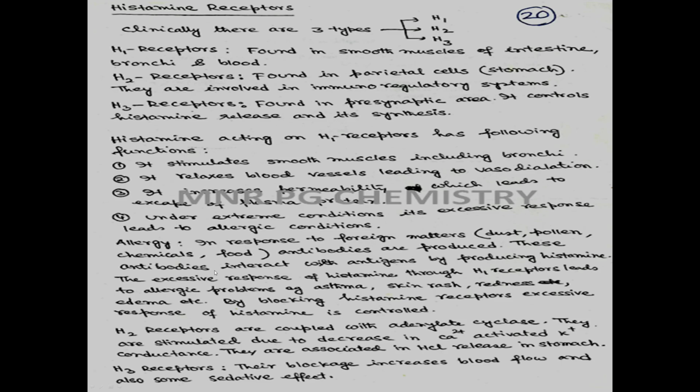Now these antibodies interact with antigens by producing histamine. So that excessive response of histamine through H1 receptors leads to the allergic condition, and it sometimes may lead to skin rash, redness, breathing trouble, asthma, edema, meaning swollen organs, etc.